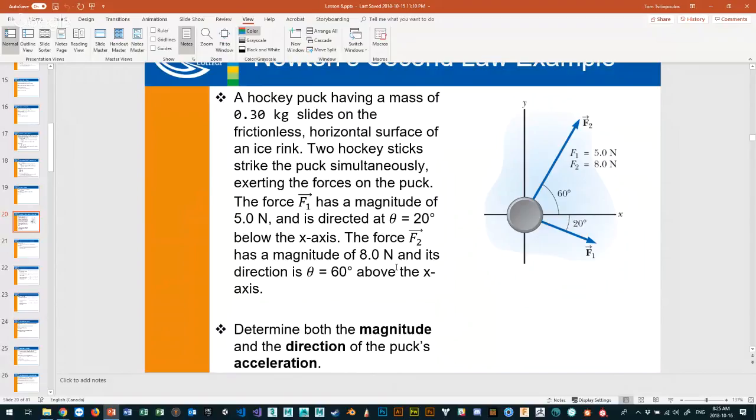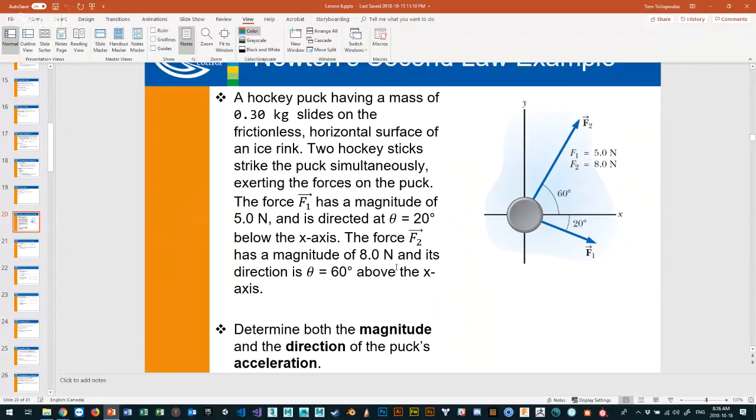And I know if I have a puck that's 0.3 kilograms and 5 newtons of force, then my acceleration is my force in newtons over mass, right? Acceleration is force over mass, right? So 5 newtons over 0.3, and that gives me my total acceleration in one direction, right? However, that doesn't tell me anything about the net forces.